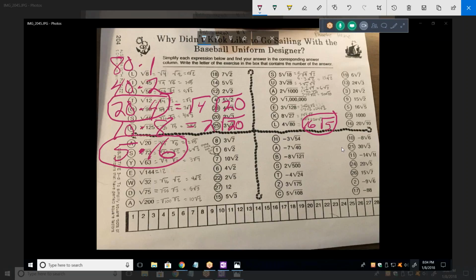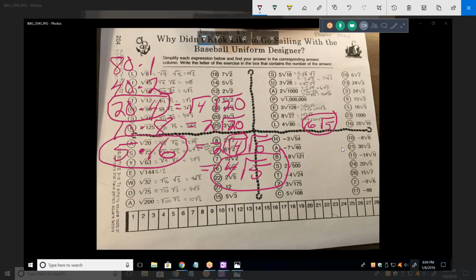The problem is root 20 isn't simplified. In other words, this is actually 2 times root 4 times root 5, and that's 2. So this gets to the same answer, 4 times root 5. It just took 2 extra steps.